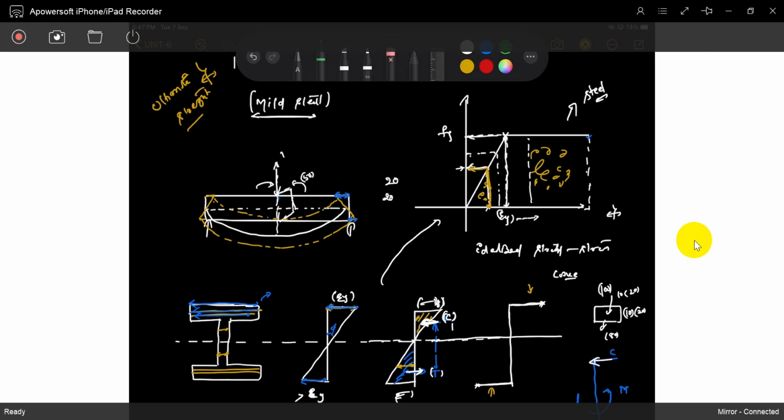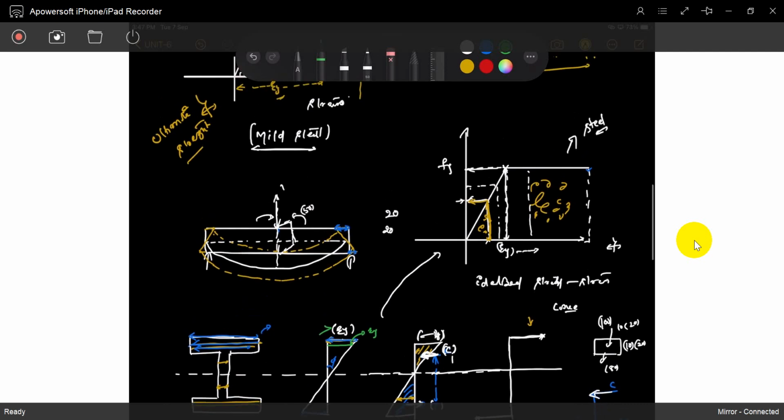The top fiber is greater than ey, the next fiber reaches ey. So exactly the next fiber will reach the Young's modulus, so elastic strain. Are you understood?